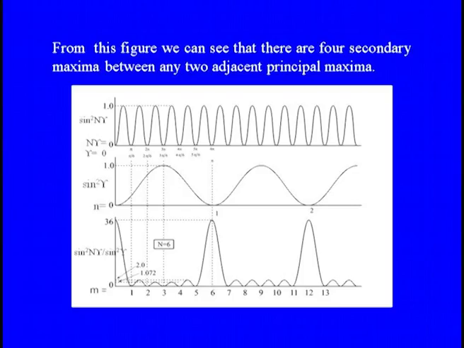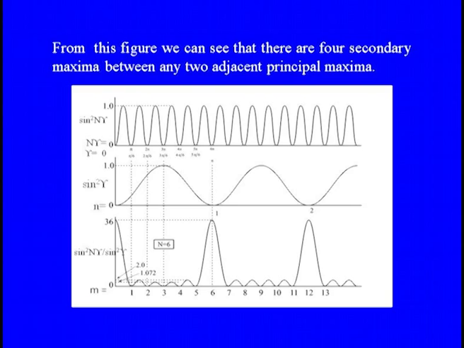When N is very large, that is, when the number of slits is very large, the principal maxima will be much more intense in comparison to the secondary maxima. A particular principal maximum may be absent if it corresponds to the angle which also determines the minimum of the single slit diffraction pattern.